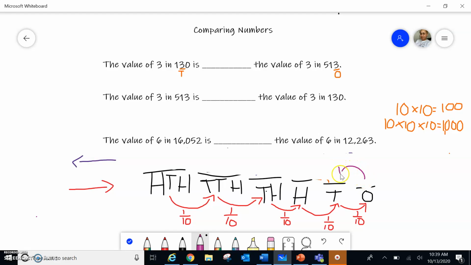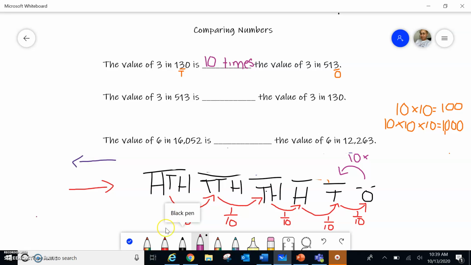The tens, in comparison to the ones, is 10 times the value. So I would say the value of 3 in 130 is 10 times the value of the 3 in the ones place, or the 3 in 513.